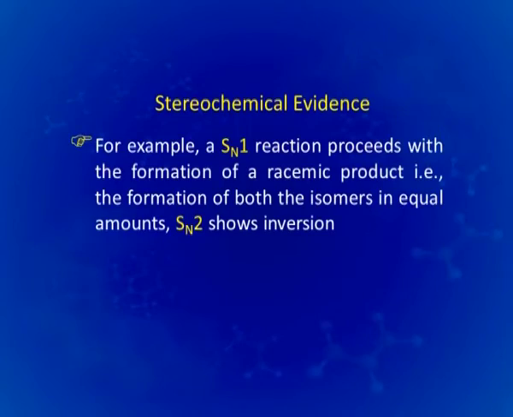As you would read in your further discussions, nucleophilic substitution reactions are the ones which exhaustively make use of this stereochemistry, and in fact the stereochemical evidence becomes very important in deciding whether the reaction is proceeding by an SN1 or an SN2 mechanism.